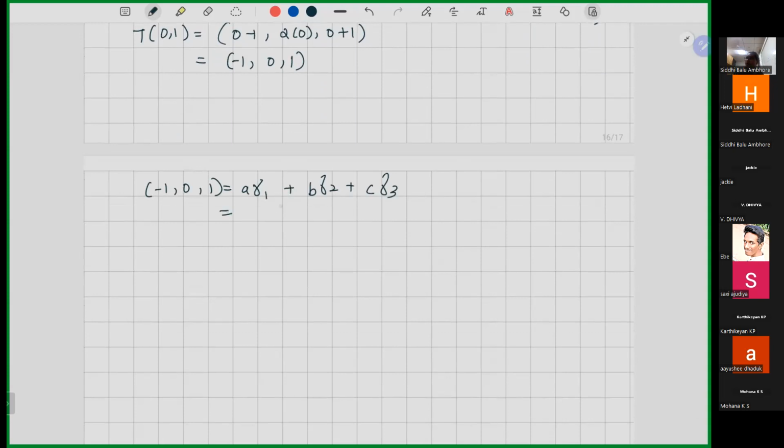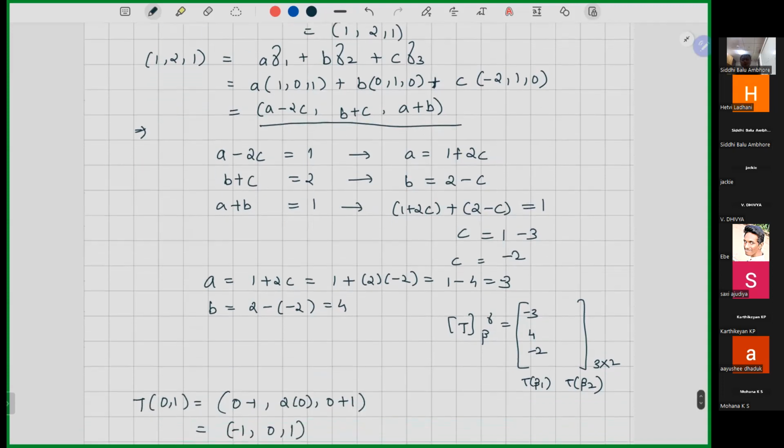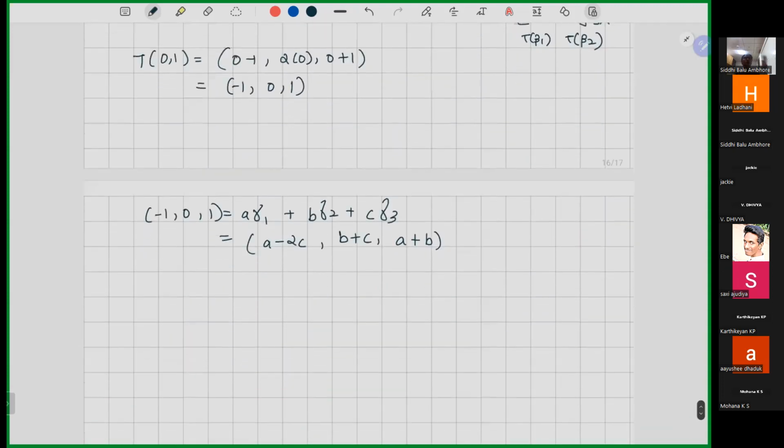And when you substitute, at the end you will get again A minus 2C, B plus C, A plus B. So the left-hand side here will always remain the same, because A, B, C are just scalars which we are giving variables to and need to find, and gamma 1, gamma 2, gamma 3 are anyway ordered basis elements. So this term will always remain the same. And you can check that, okay?